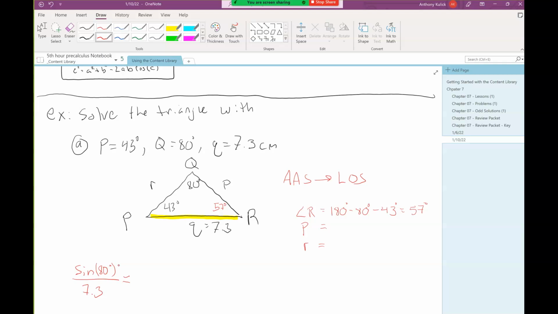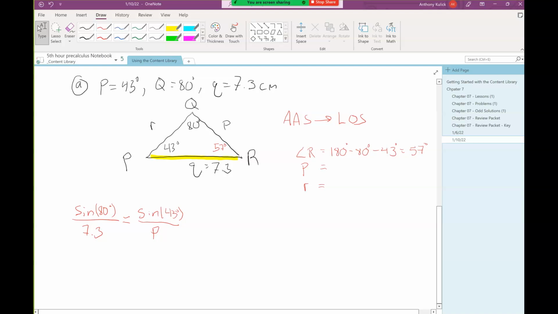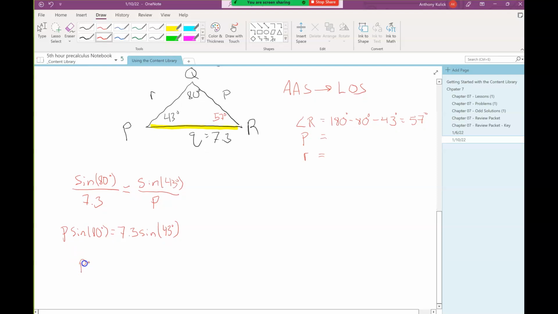So let's pick P. I'll do sine of P over P. So that's my equation. Everybody happy there? To solve this equation for P, I'm going to cross multiply. So that gives me P times sine 80 equals 7.3 times sine 43. And then we'll divide both sides by sine 80.